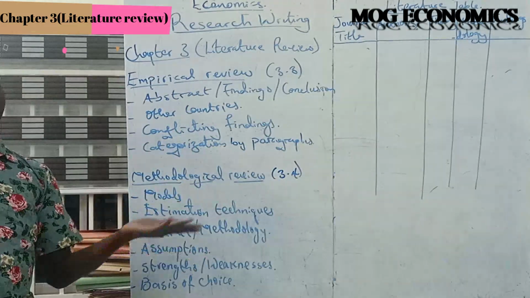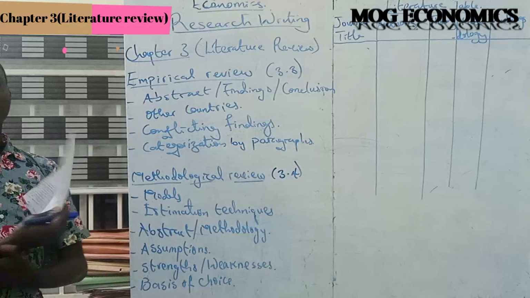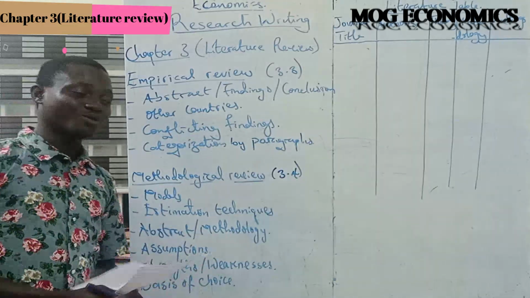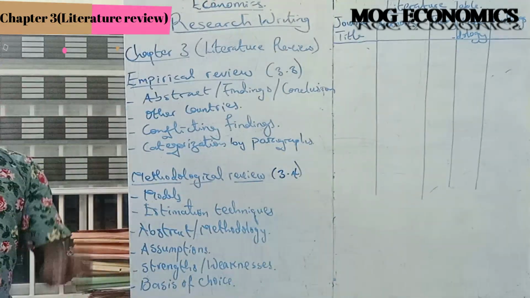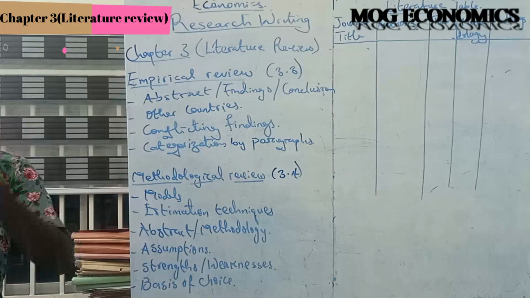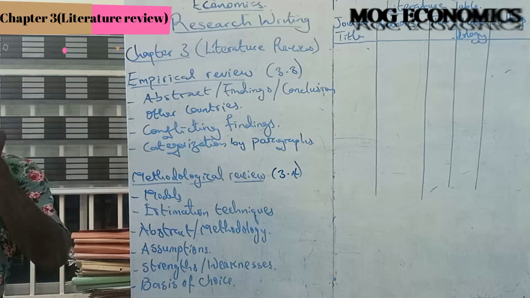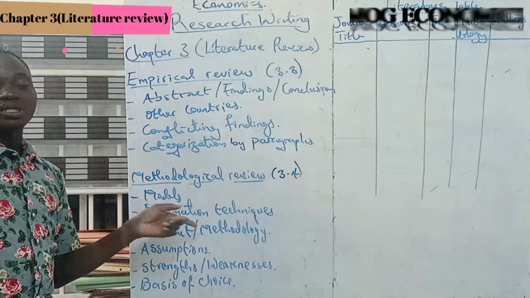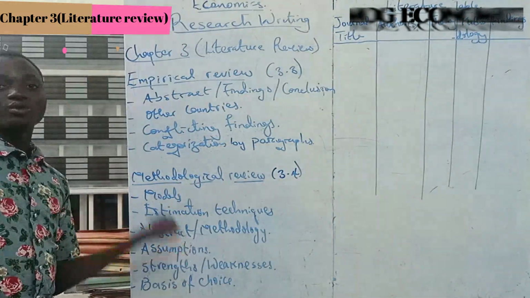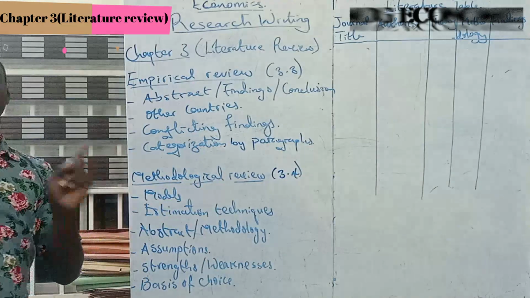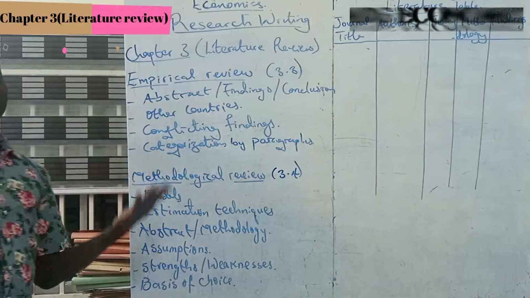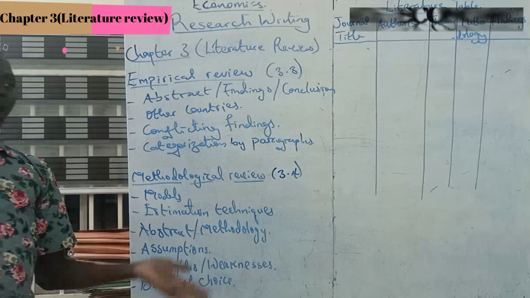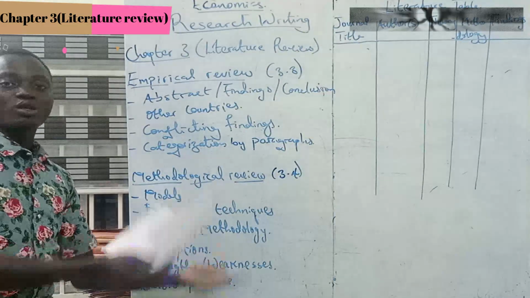Everything is up to you, your supervisor, the subject matter, and whatever conditions that might be around at a particular period. But do note that you'll be using, so you can't get to chapter 4 and mention an estimation technique that was not in your methodology that you reviewed. No. Okay, and if you are going to use, because you might want to use something new, just talk to your supervisor about it.